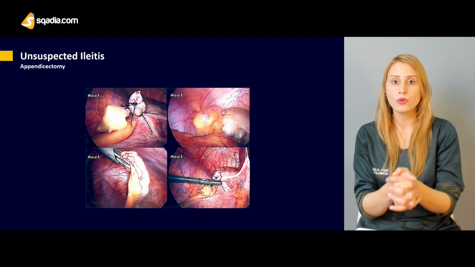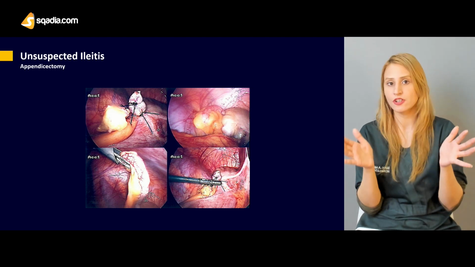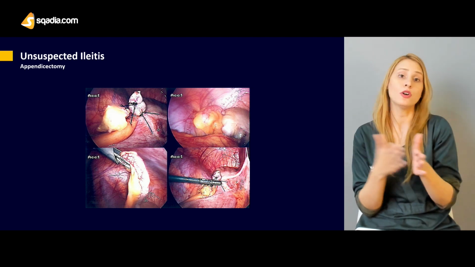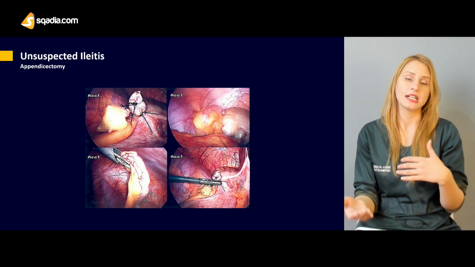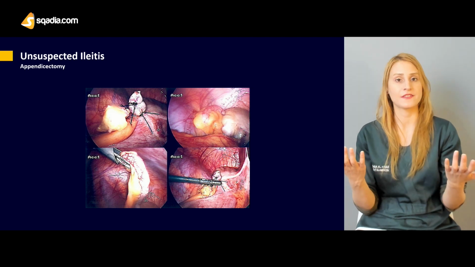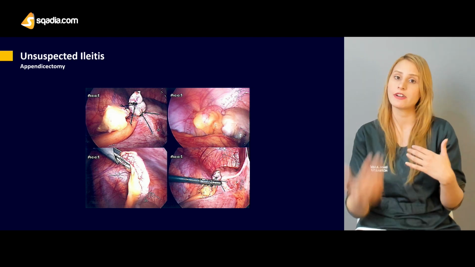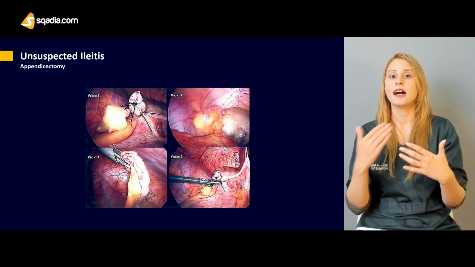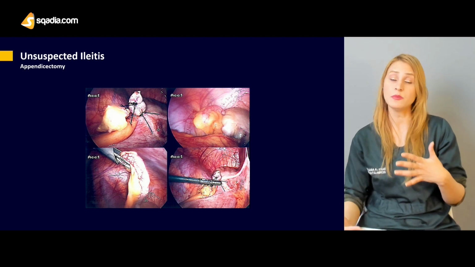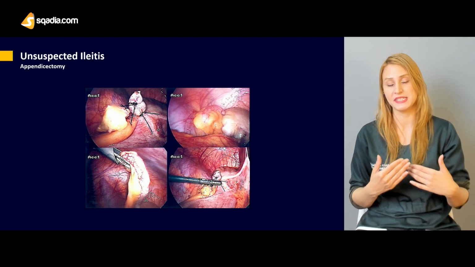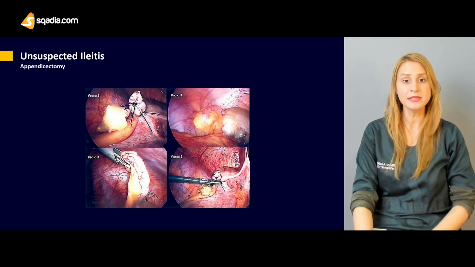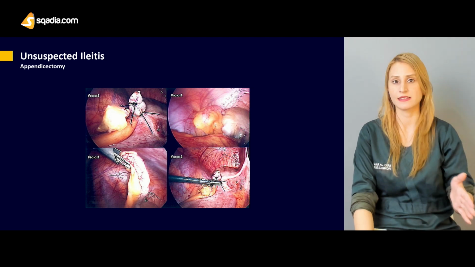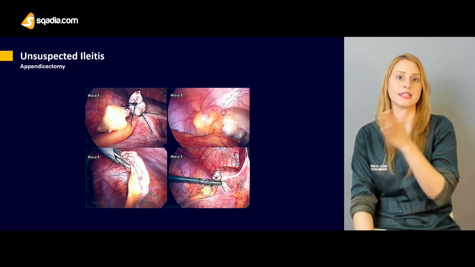So you open up the patient for appendicitis, but it came out to be unsuspected ileitis, and the question is whether you do the appendectomy or not. If there is an acutely inflamed appendix, go for appendectomy. But if there's a normal appendix, then you don't have to do the appendectomy. Just do the ileal resection and do the primary side-to-side anastomosis of the proximal end of the ileum with the cecum.